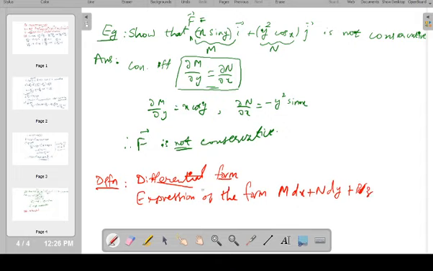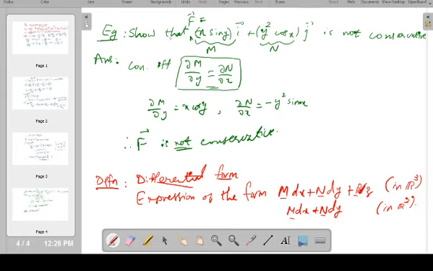So this is in R3, and it is M dx plus N dy if it is in R2. This is just an expression where M, N and P are functions of x, y and z, and in the second case, M and N are functions of x and y.